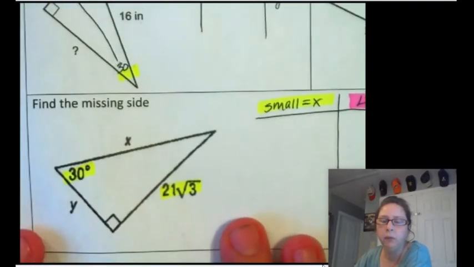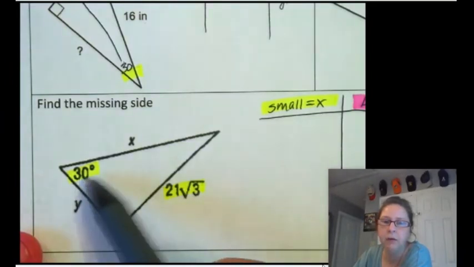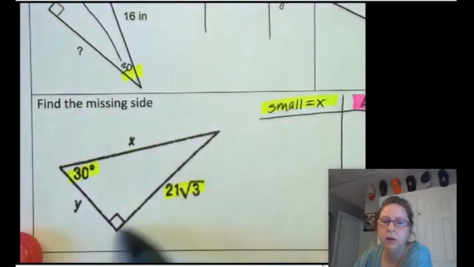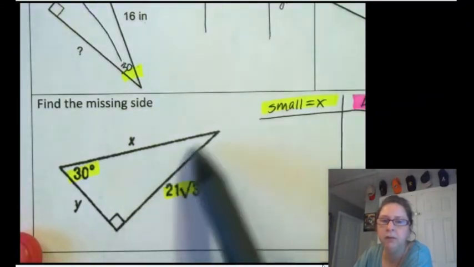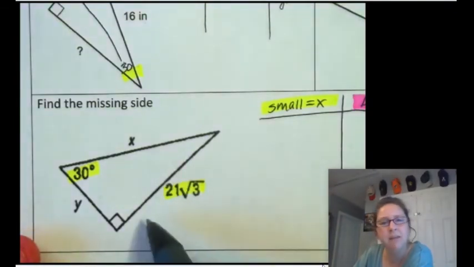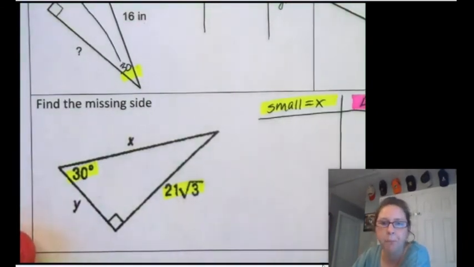So in this situation, while this triangle does bother me, this is the small angle, so this is the small side. This is clearly not drawn to scale because visually this is the larger leg. If we can just ignore the fact that this is not drawn to scale, we can still solve this in the same way.